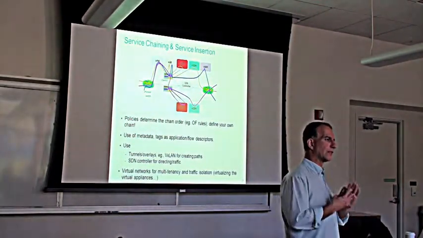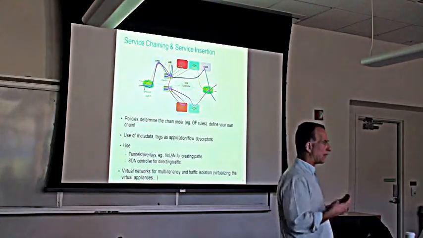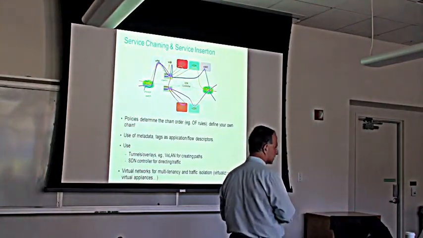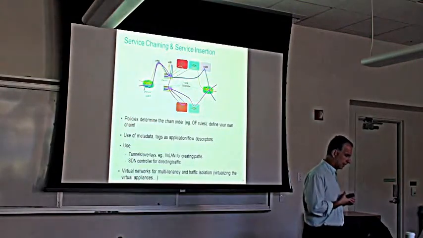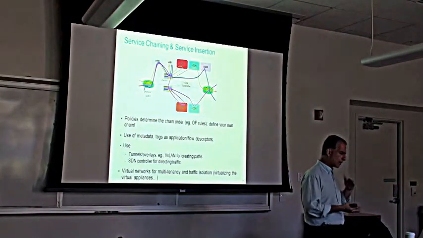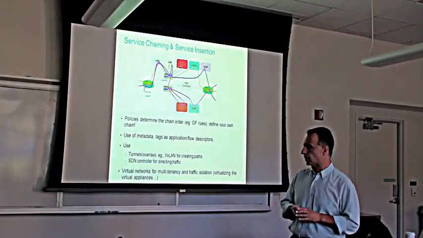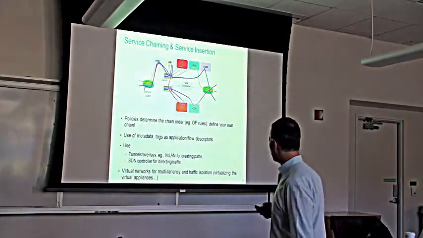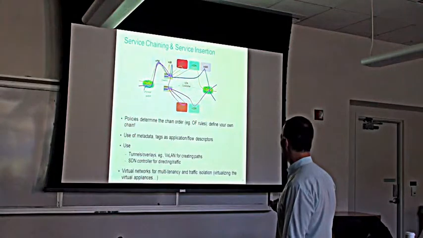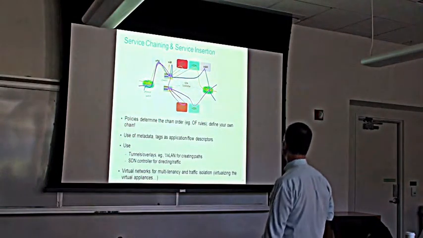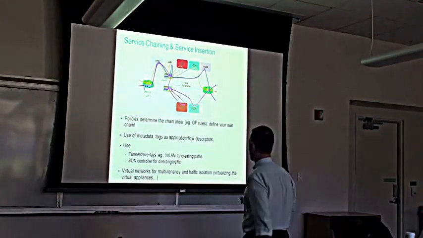But somehow you need to provide traffic isolation. And that's where virtual networks become very, very handy. Again, there are different ways to create that today. You can use virtual network overlays, tunneling approaches. Maybe you can use metadata to essentially tag the applications.